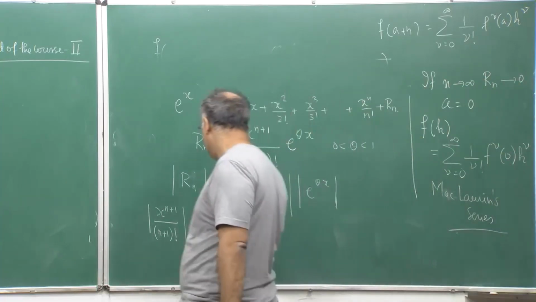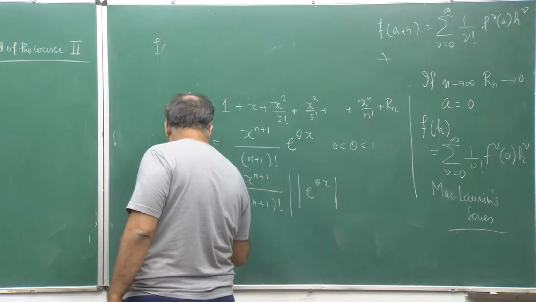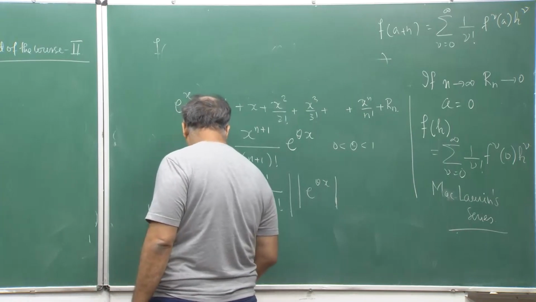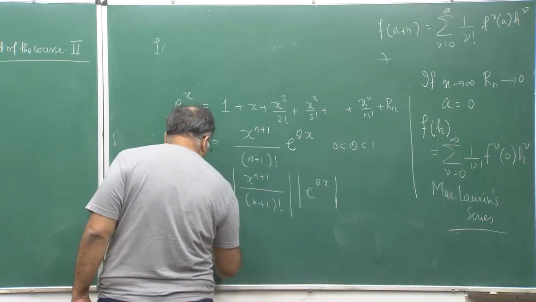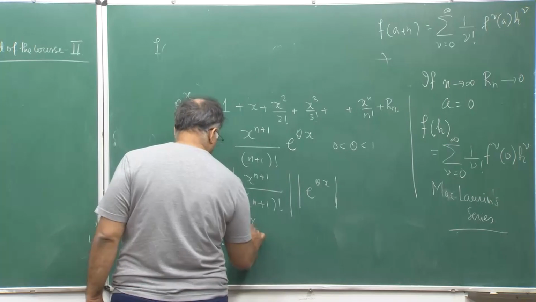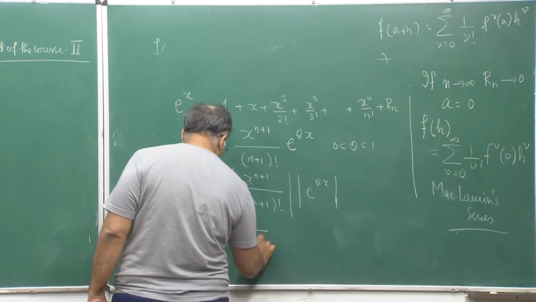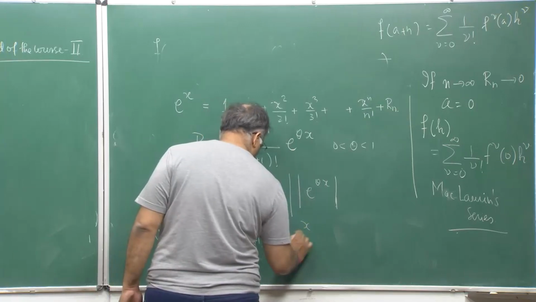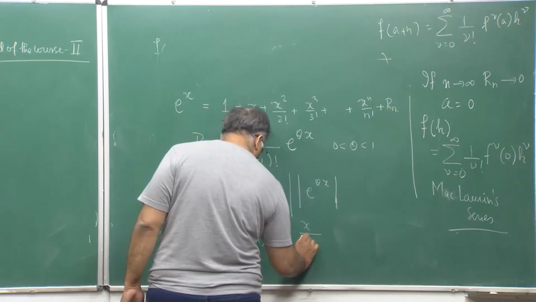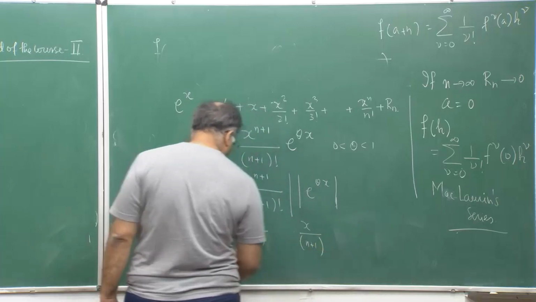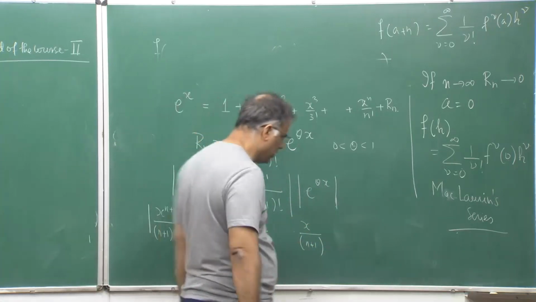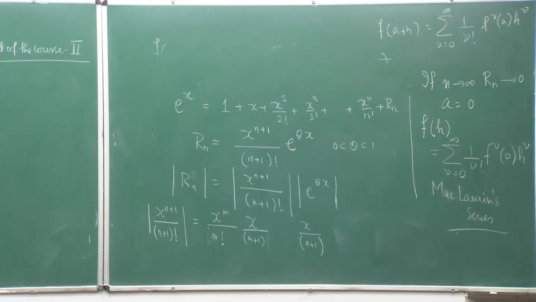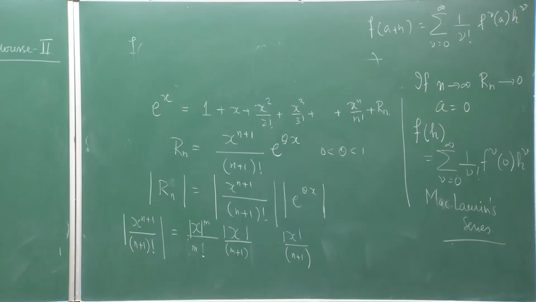So, I can write it as x to the power m by m factorial times x by m plus 1, sorry, m plus 1 into n plus 1, up to m factorial. You write that with powers and then you separate them.